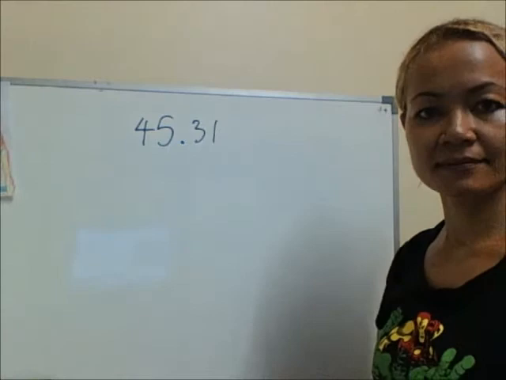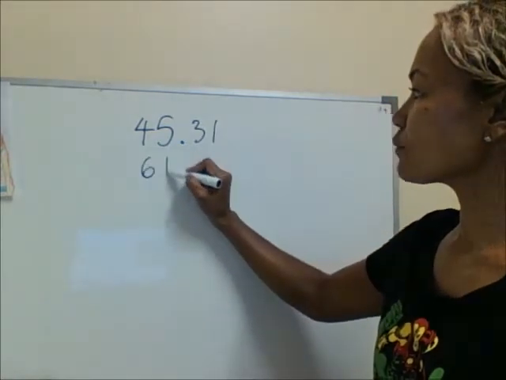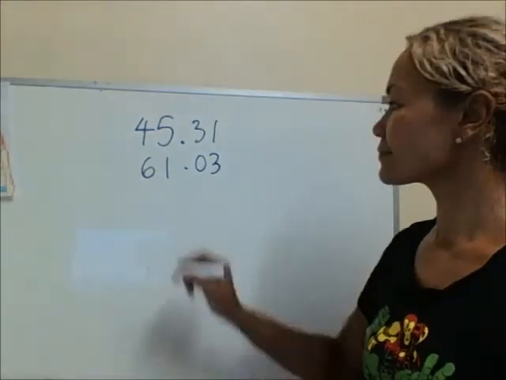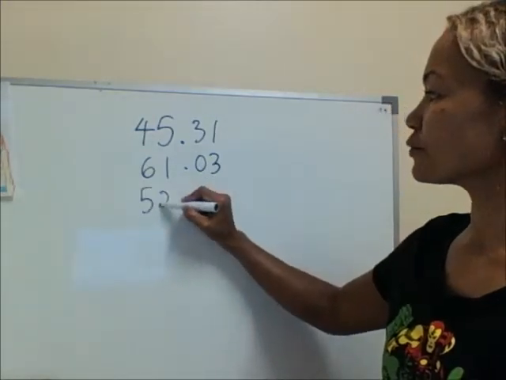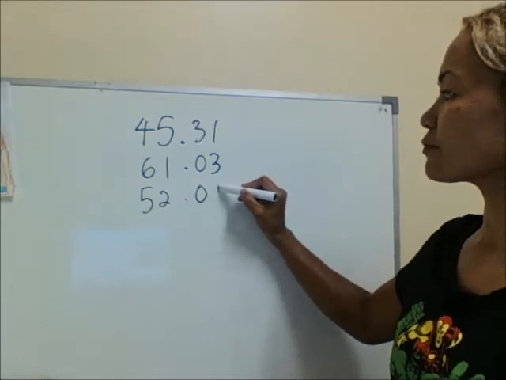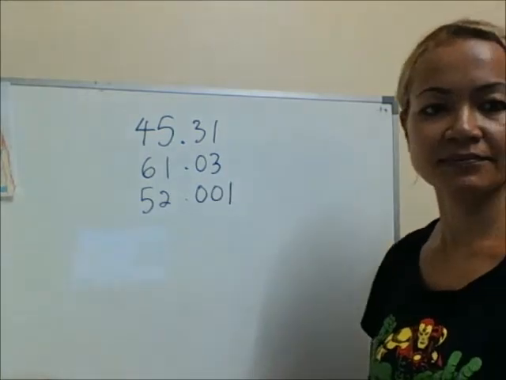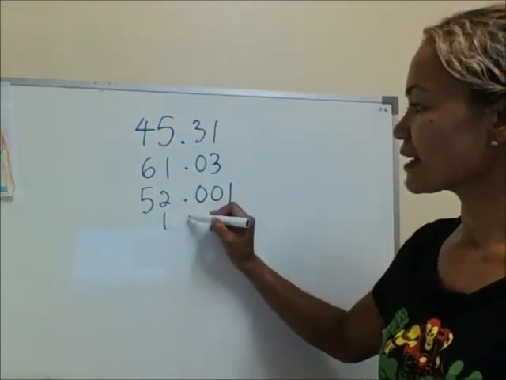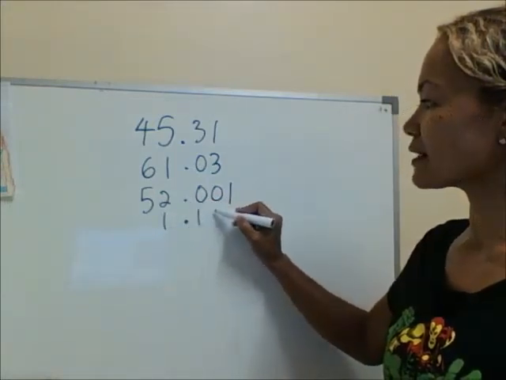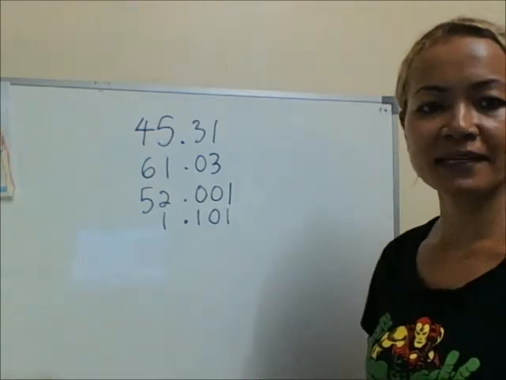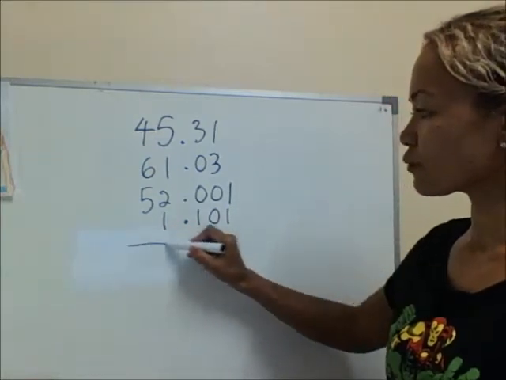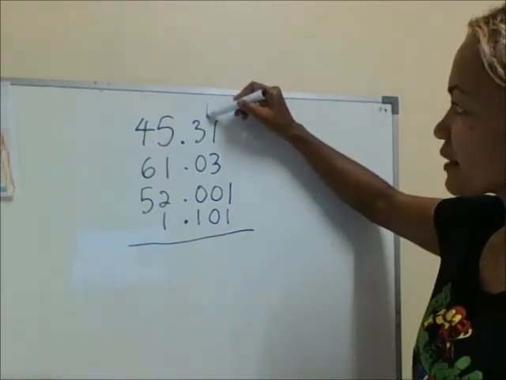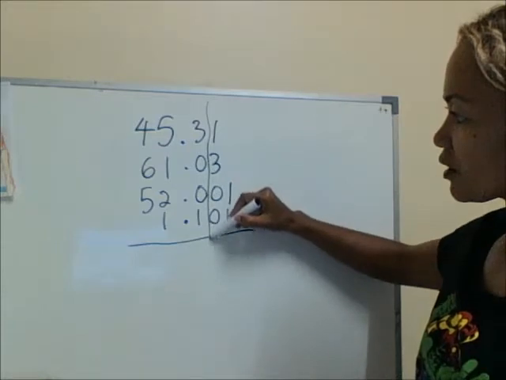45.31, 61.03, 52.001, and 1.10101. If we were to add all of this, we must make sure that they're in their correct column.